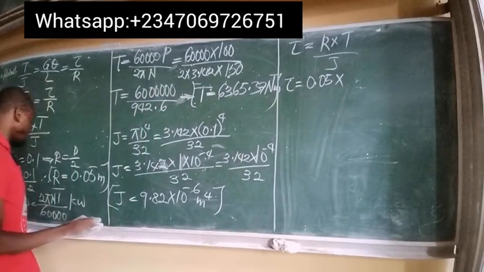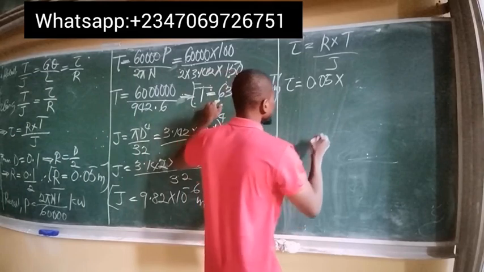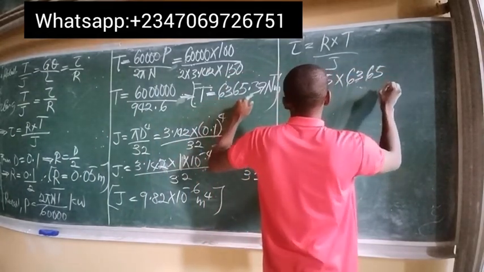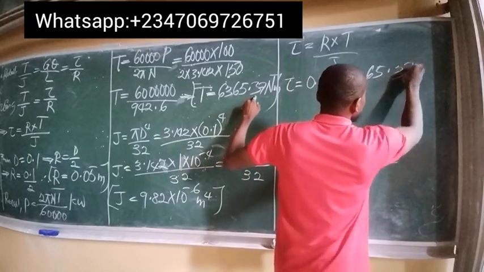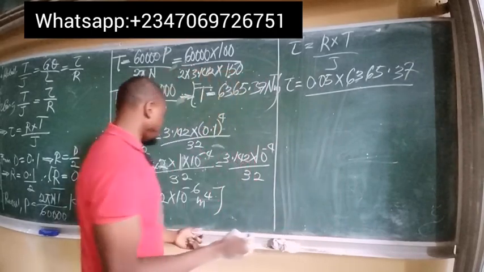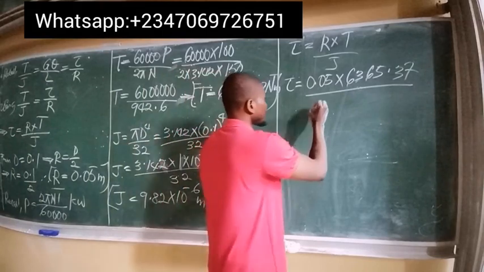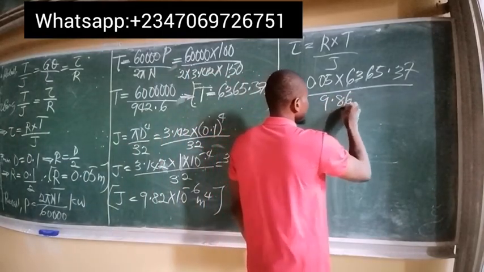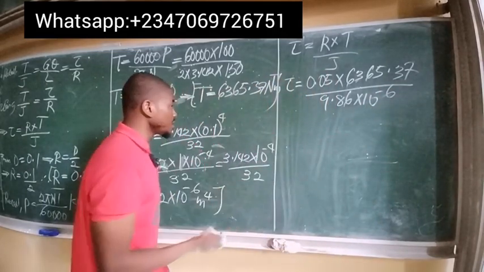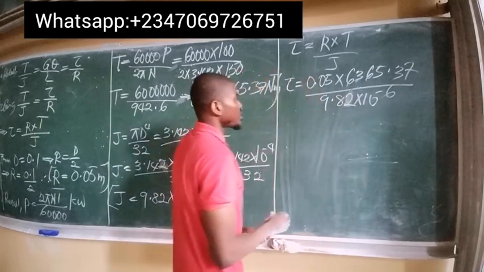Torque gave us 6365.37, all over J, and J gave us 9.82 by 10 to the power of minus 6. Sorry, that's 9.82 by 10 to the power of minus 6.